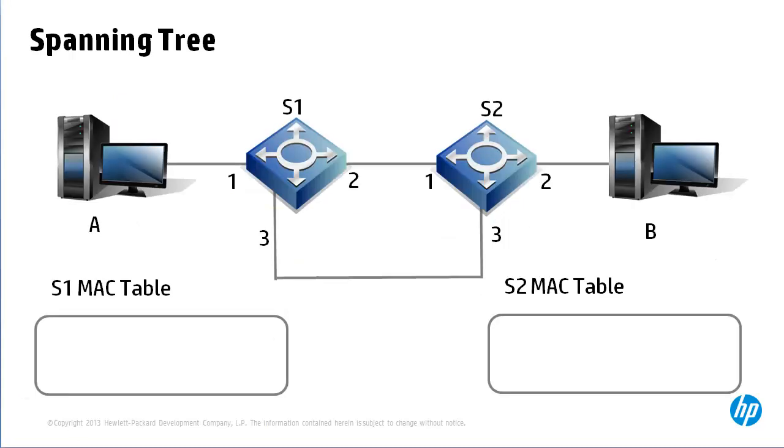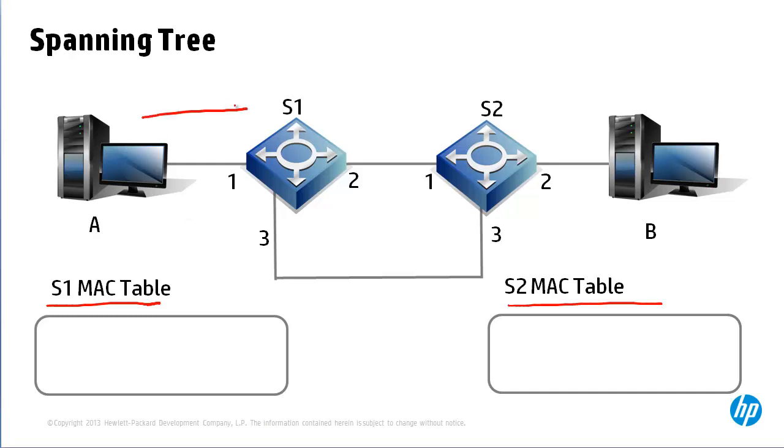And to help explain this, let's also view the MAC address tables of the switches. So this is the MAC address table of switch 1, and this is the MAC address table of switch 2. Let's assume in this topology that the switches have rebooted, so their MAC address tables are empty.